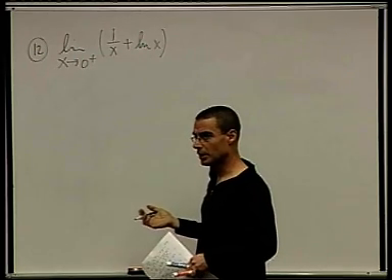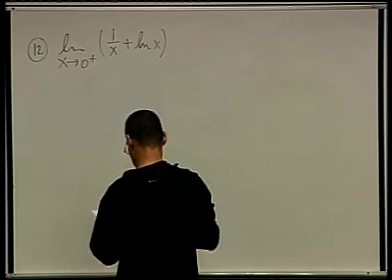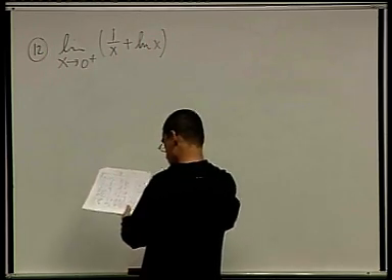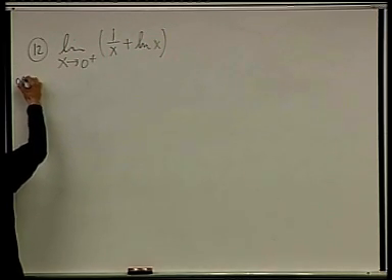Somebody's cell phone is ringing. Please turn it off. Thank you. Limit of 1 over x plus ln of x. Do you agree that this is an example of infinity minus infinity?